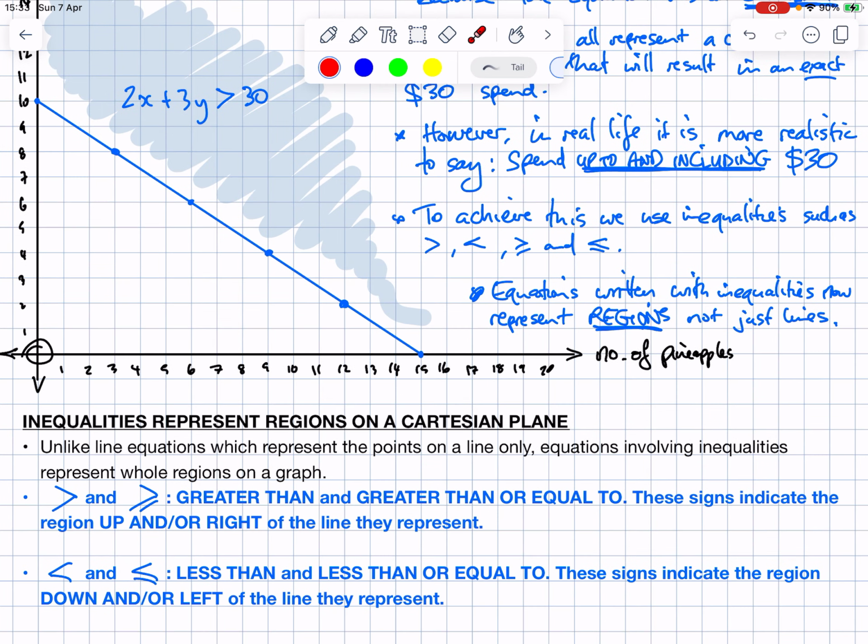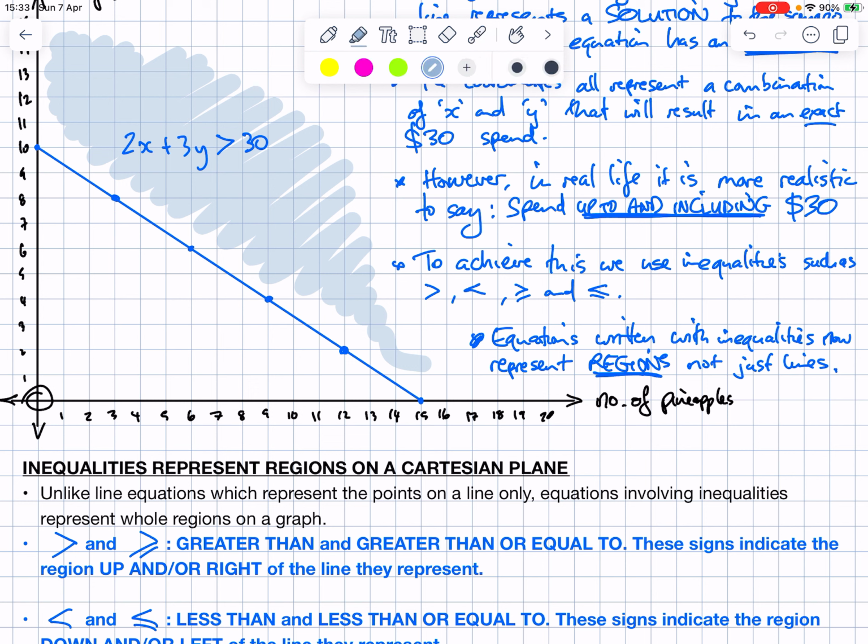And then here, the beak pointing to the left, and the beak pointing to the left with a line under it, represent less than and less than or equal to. These signs indicate the region down and or left of the line they represent. Let's do that in a different color.